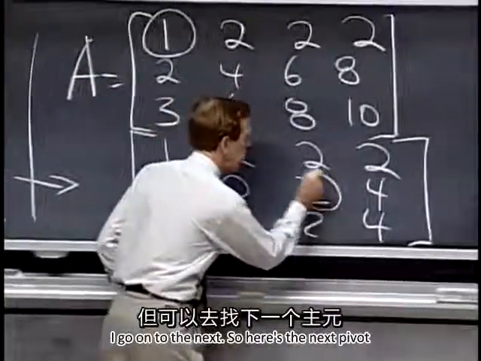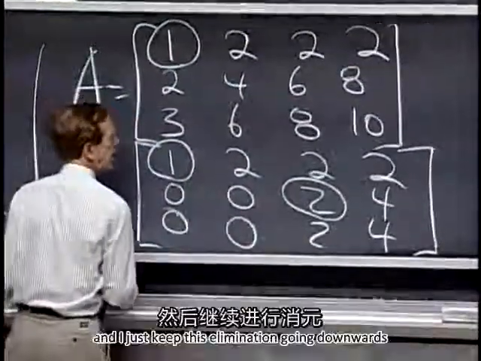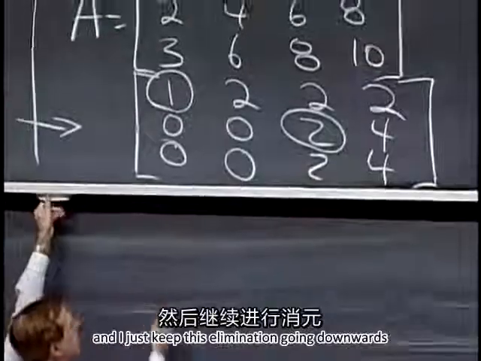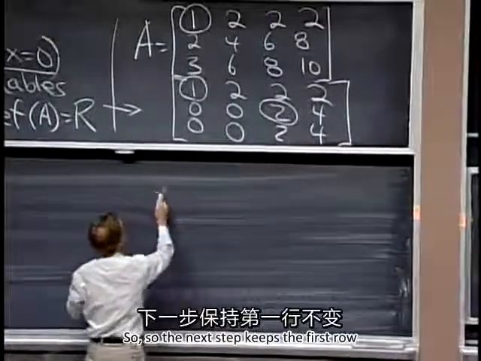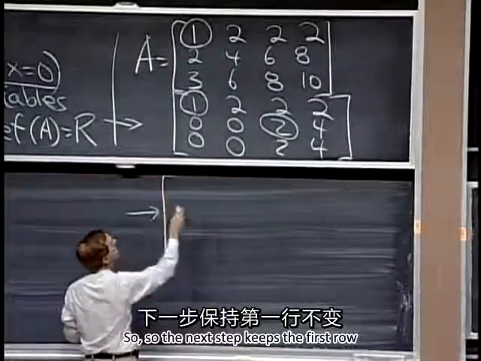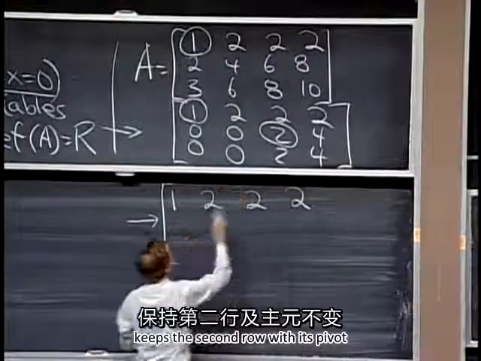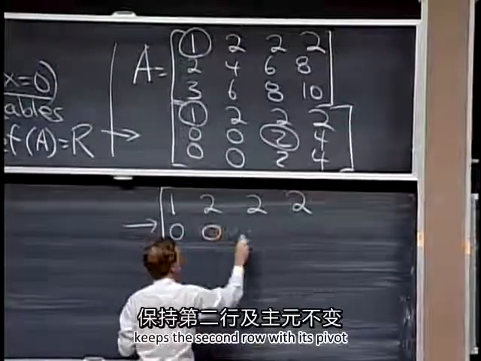So here's the next pivot. So there's the first pivot, and there's the second pivot. Can I just keep this elimination going downwards? So the next step keeps the first row, keeps the second row with its pivot.